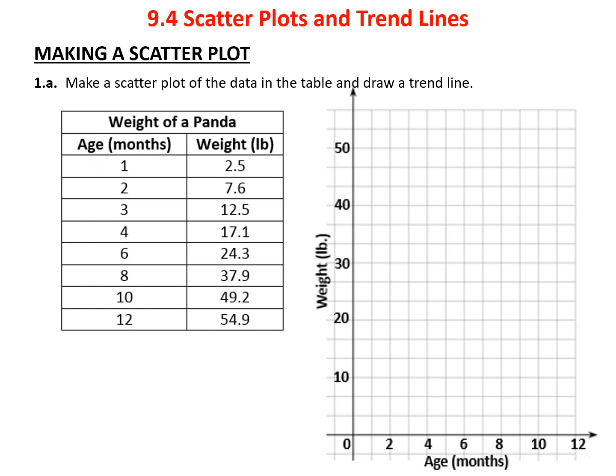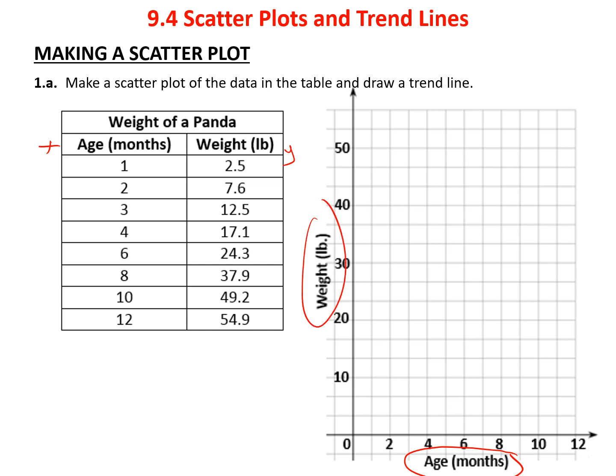So let's make our first scatter plot. Here we have data that has to do with the weight of a baby panda based upon how many months old it is. So we're going to take age and put it at the bottom as our x variable. We're going to let this be our x and this be our y, so our weight's over here. And now we just plot the points.